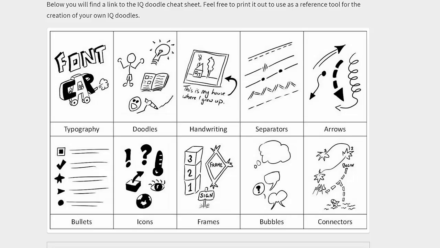We've had experience in handwriting, captions, using separators, arrows, bullets, icons, frames, bubbles, and connectors. So now you have all of those elements in place in order to create some fantastic visual notes. And now it's time to put that all together and practice your visual note-taking skills on a higher level, so to speak, on a larger scale.